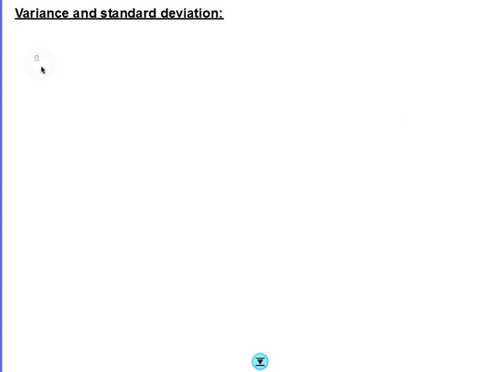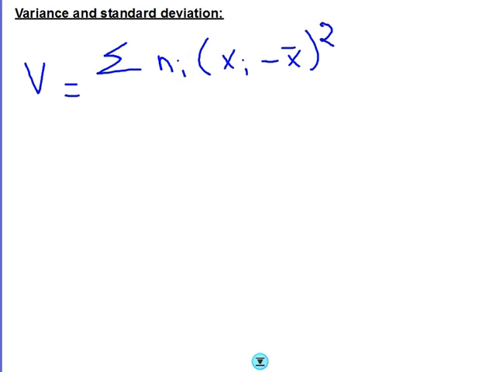The variance is the mean of the squared deviation. So V is for variance is equal to the summation of ni times xi minus x bar squared. So it's the mean of the squared deviation, so divided by the total frequency.